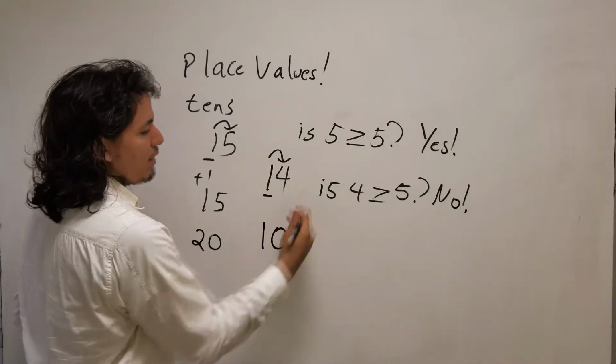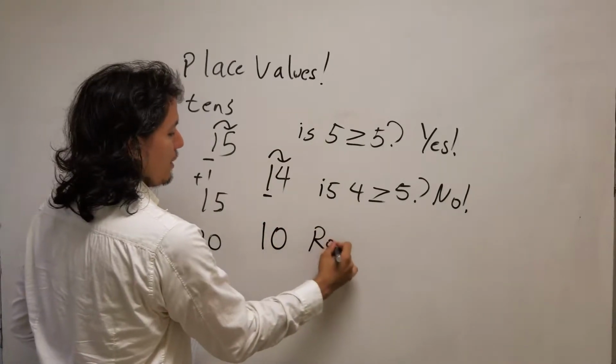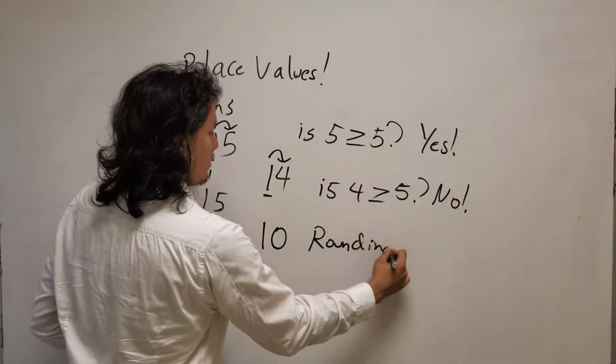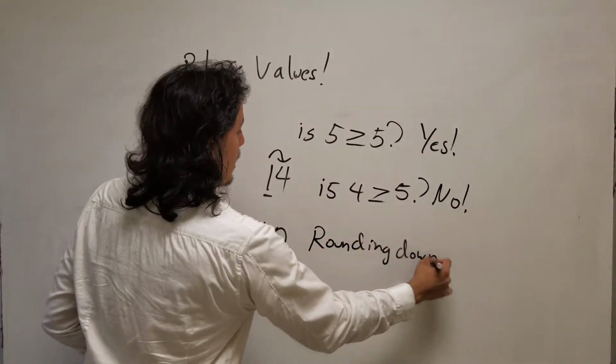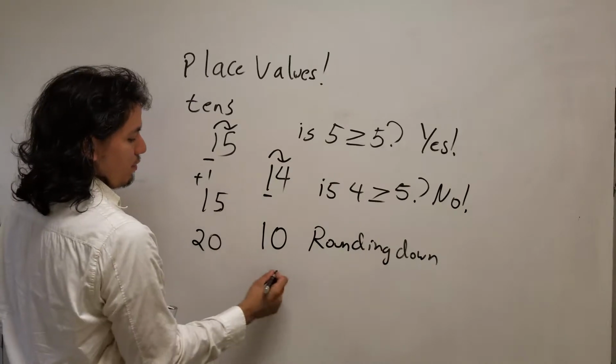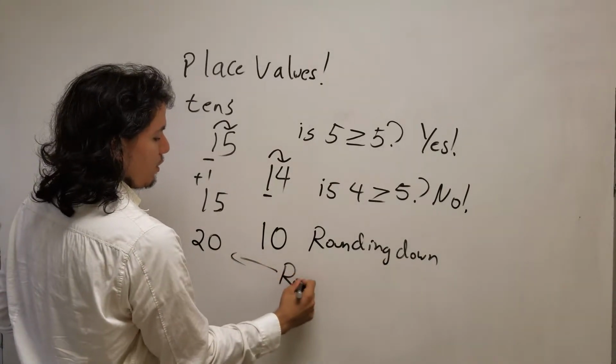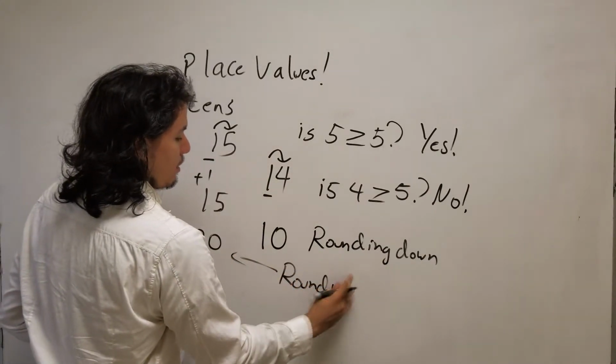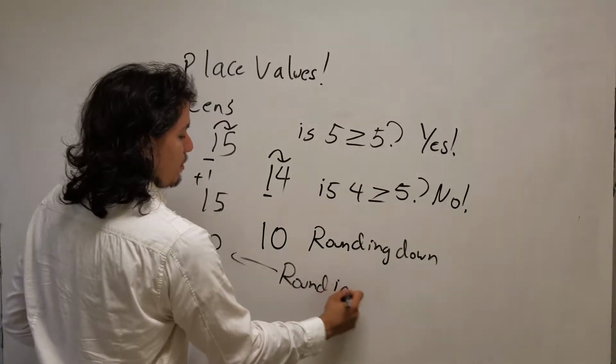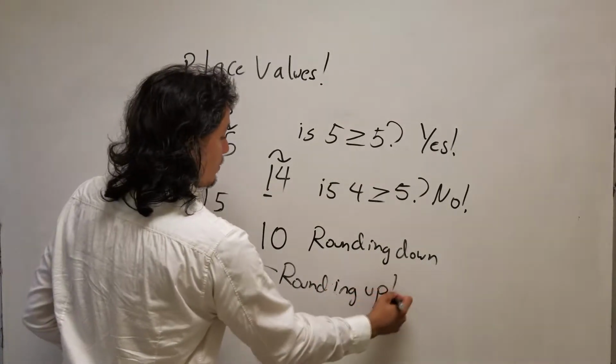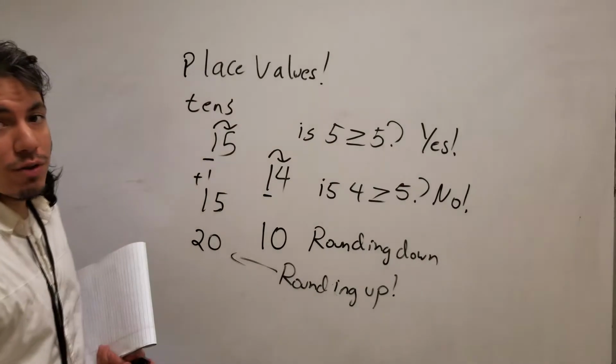So now you're rounding down. And the 20 will be considered rounding up because you increased it versus decreasing.